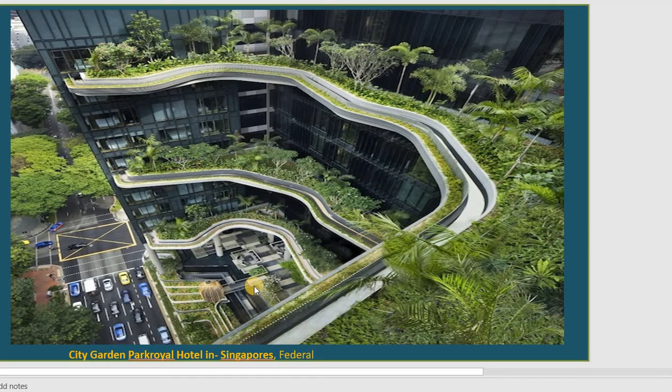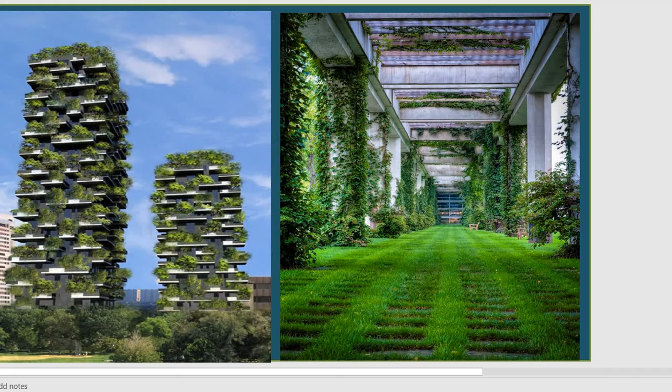Many levels are inside the courtyard like this. So basically they use a lot of landscape, inside and outside the building, and they share it together. That's why the building looks very nice in green design.